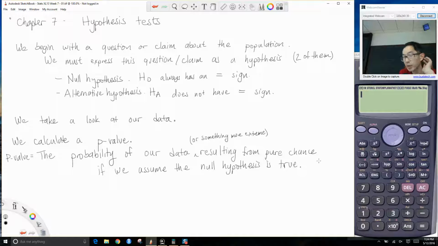Okay, so we basically say, for argument's sake, let's assume that the null hypothesis is true. What is the probability that we get the data that we've observed? Okay, and then if the p-value turns out to be small, we can conclude that the assumption that the null hypothesis is true is wrong.